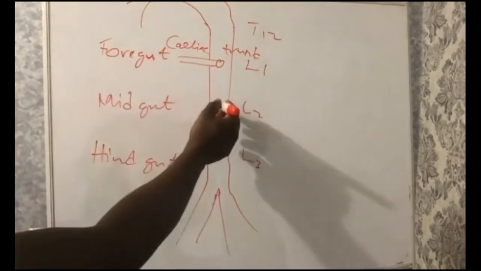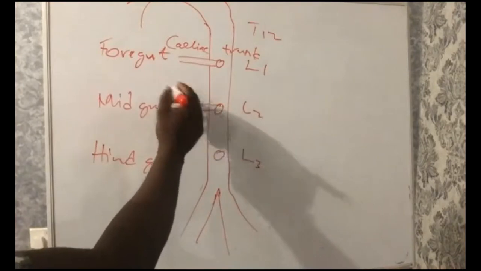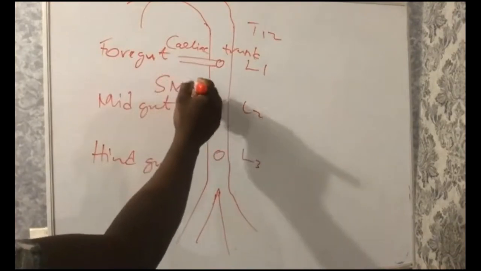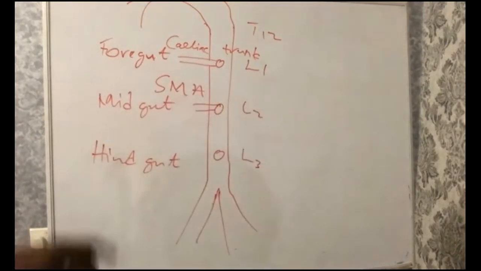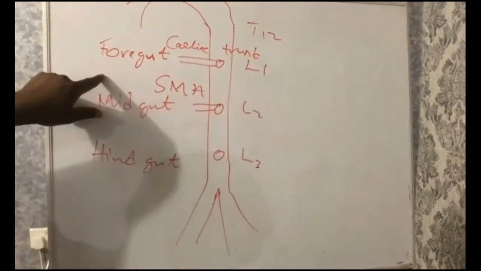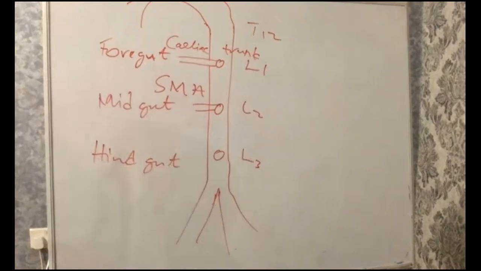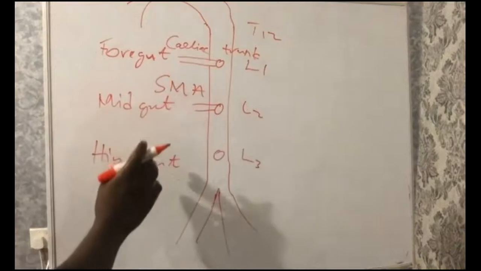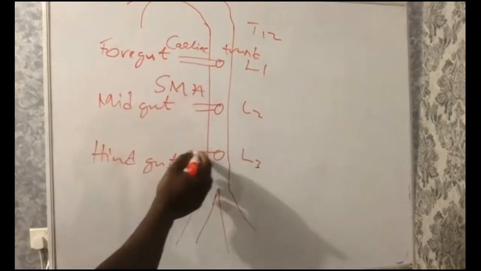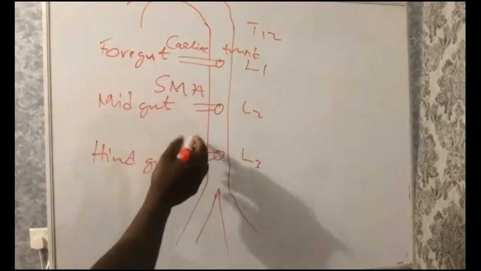Then there is a second one called the superior mesenteric artery. That supplies the midgut. And the midgut starts from that major papilla up to 2/3 of the transverse colon. So that is the midgut. And the hindgut, this is what we are talking about.